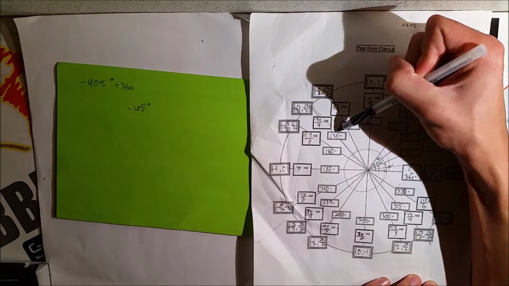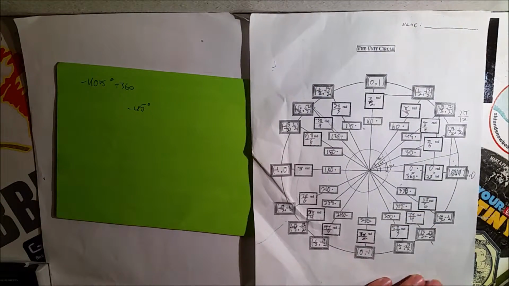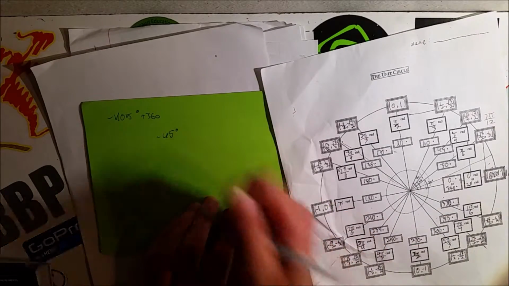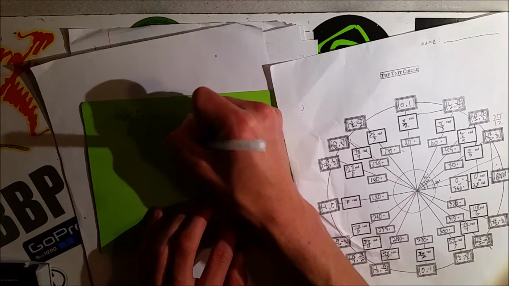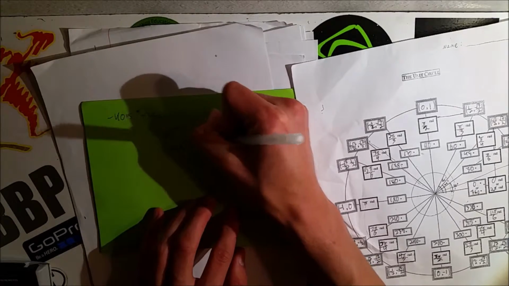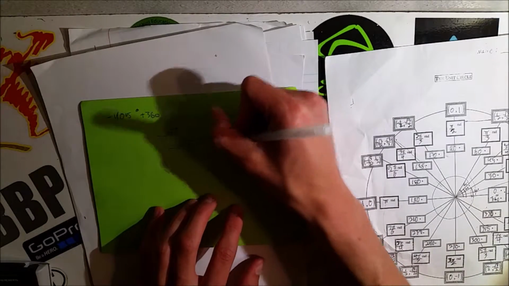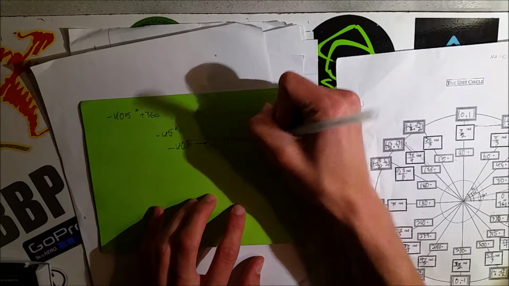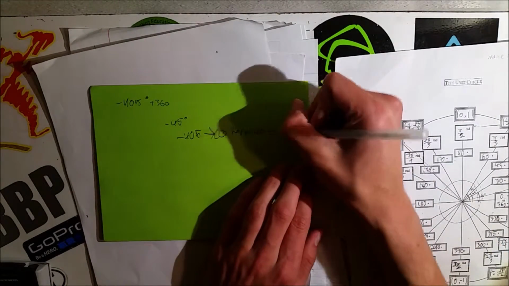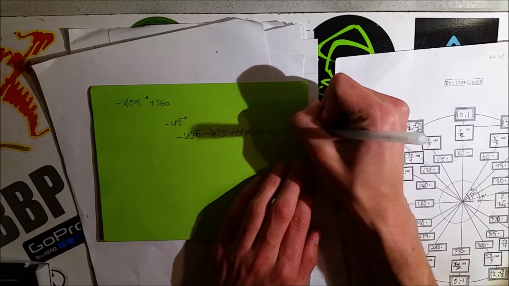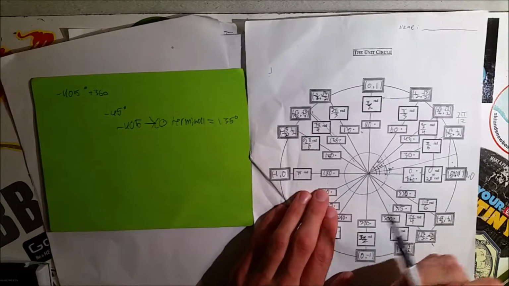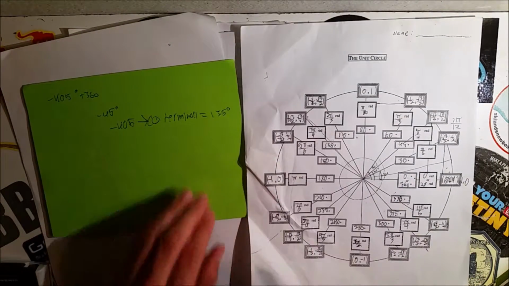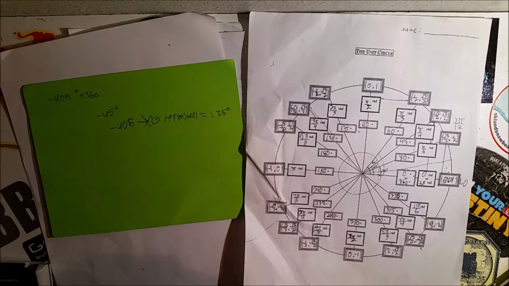Directly opposite ends up being 135 degrees. So, your coterminal angle for negative 405 is 135 degrees. Based on right here, you have 135 degrees. So, the coterminal of negative 405 is 135 degrees.